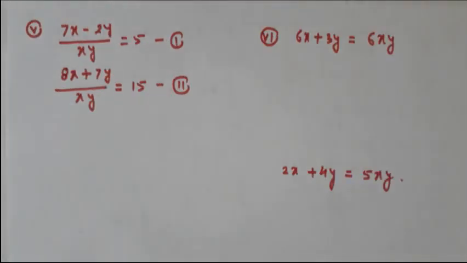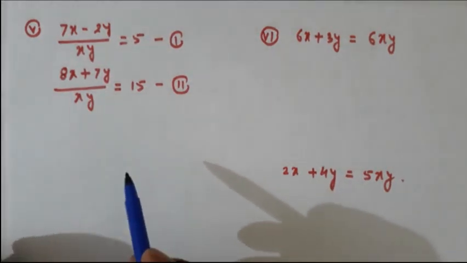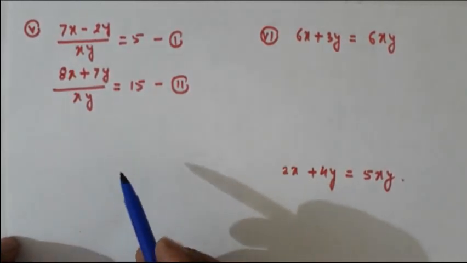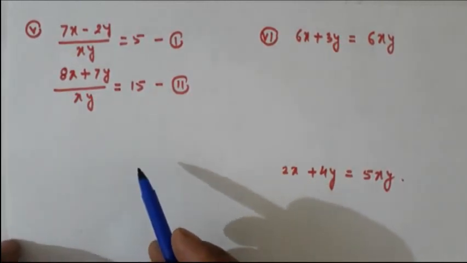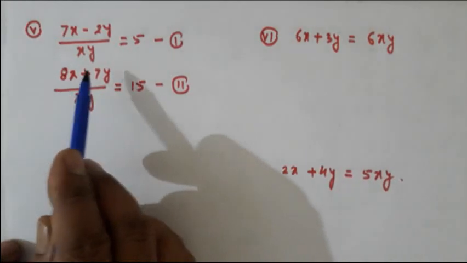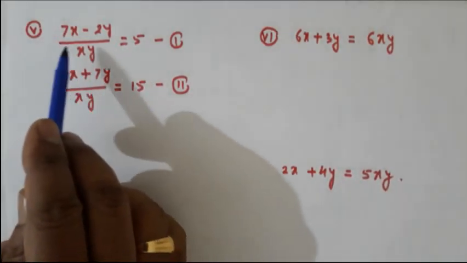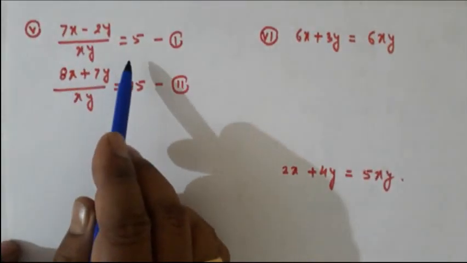Now see question number 1, part 5. Actually the fifth and sixth parts are the same as the first part. With simple calculation, they can be changed into the form of question number 1. See part 5: 7x minus 2y upon xy is equal to 5.